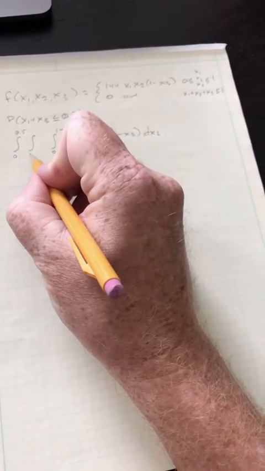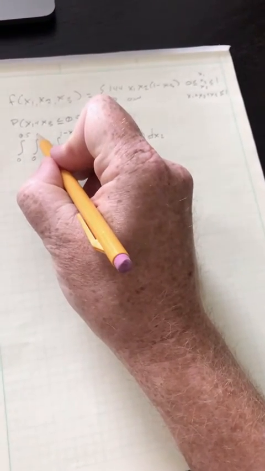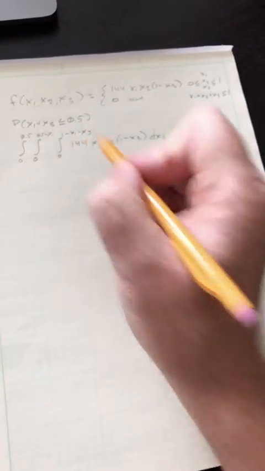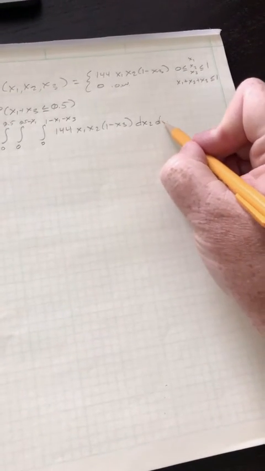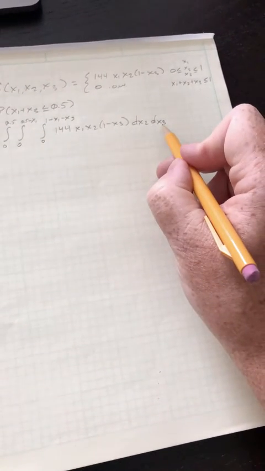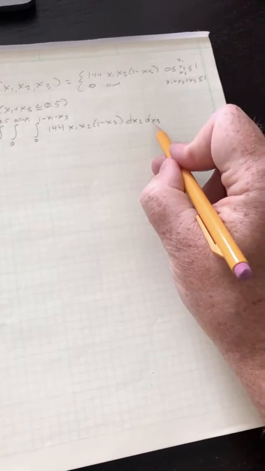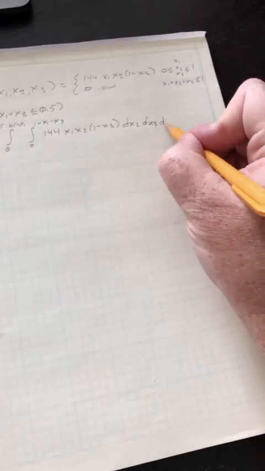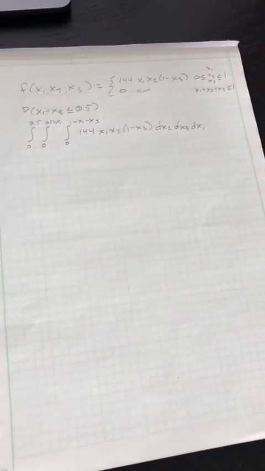If it's 0.5, then that's going to be 0.5 minus whatever the value was for x1. That allows me to say dx3 here, because when I evaluate x3, it's going to put in a value for x1 there, and then I have dx1.